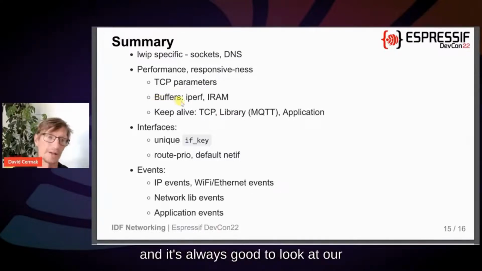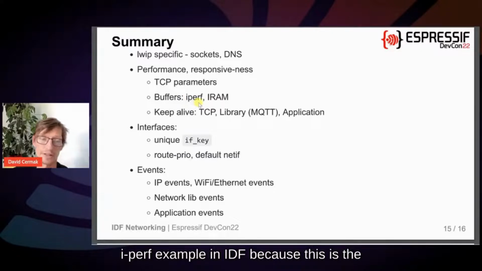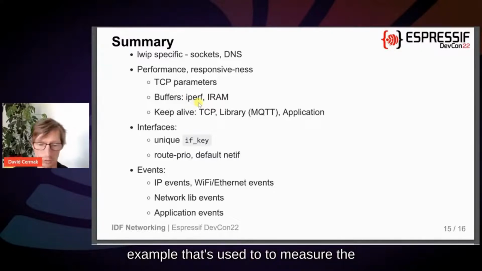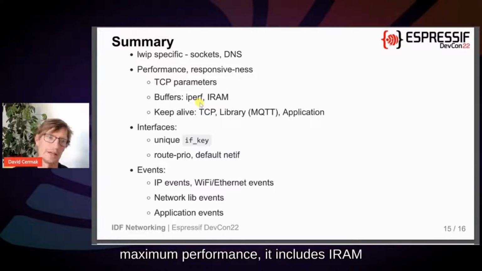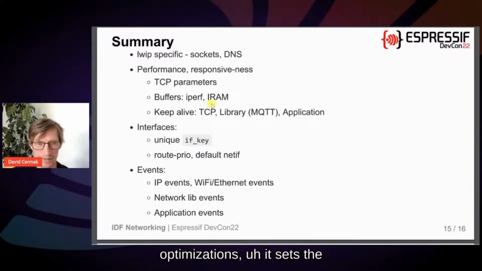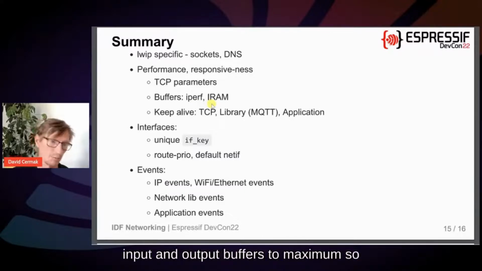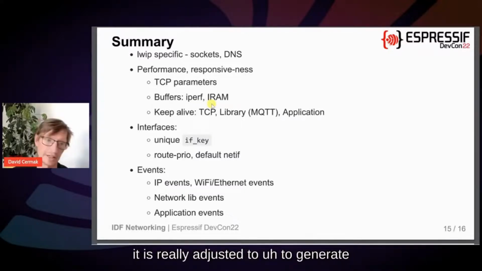And it's always good to look at our iPerf example in IDF, because this is the example that's used to measure the maximum performance. It includes IRAM optimizations. It sets the input and output buffers to maximum, so it is really adjusted to generate maximum throughput, maximum performance.